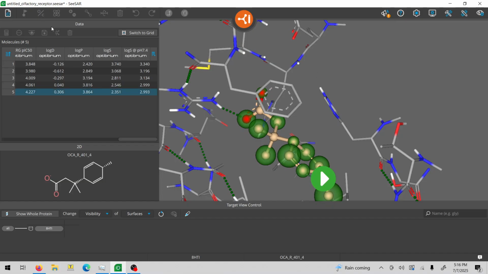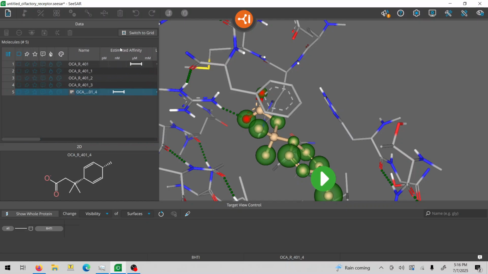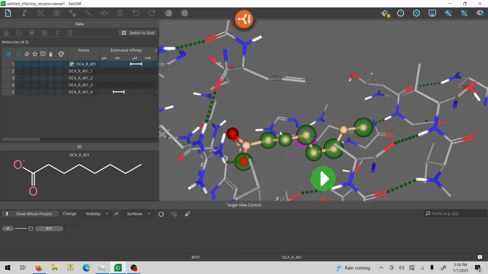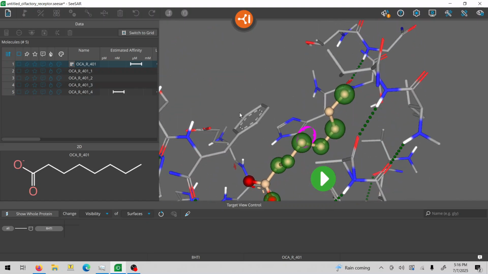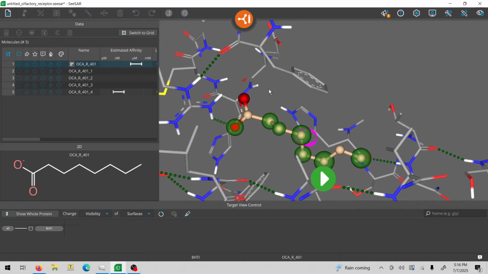So there's this software called SeeSAR by BioSolveIT. With it, I downloaded a protein for olfactory purposes, an olfactory receptor. And in it is octanoic acid.